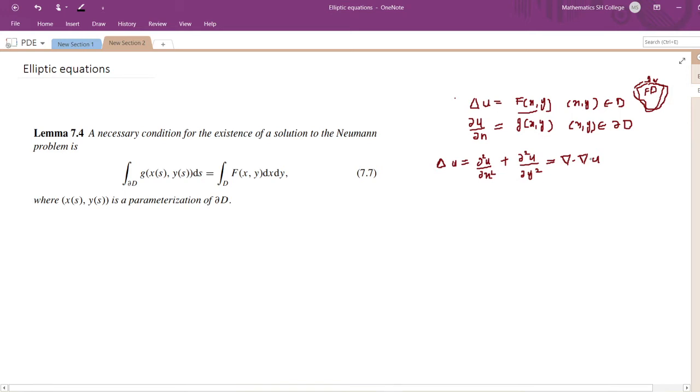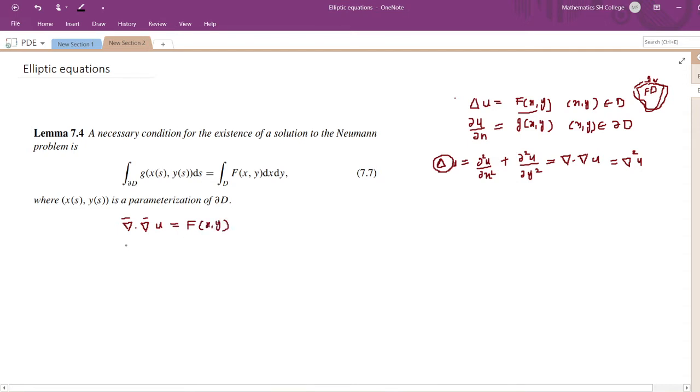We know del dot del is nothing but del square, so del square is written like delta. It means that we can write our problem in this way: instead of delta u, I can write del dot del u equal to f of x, y.